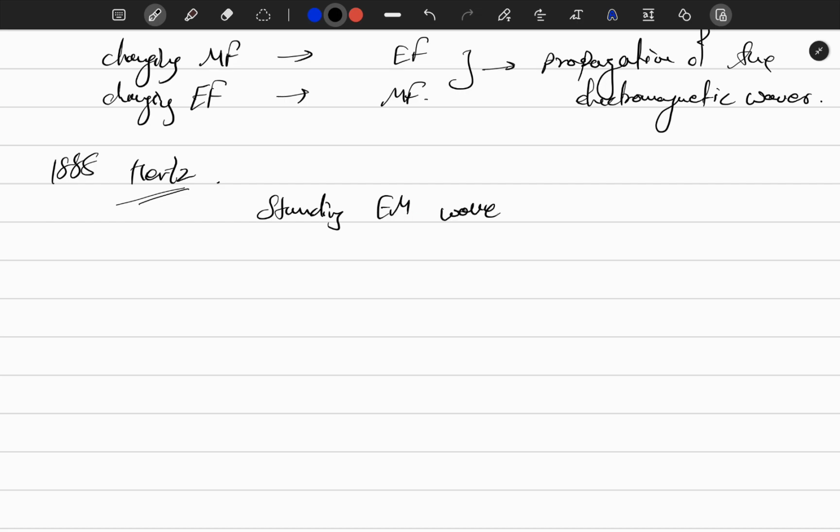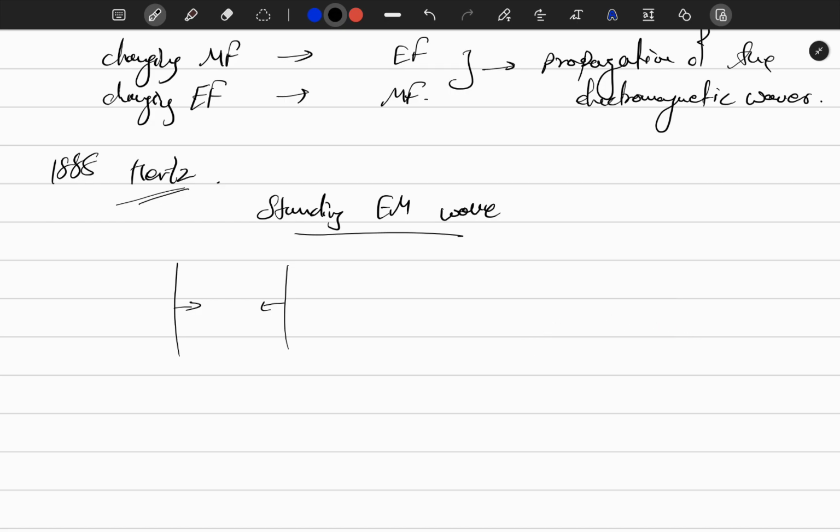How did he do so? By getting them reflected by metal sheets. He took two metal sheets and got the waves reflected by them, producing standing electromagnetic waves like those on a string stretched between two end walls.